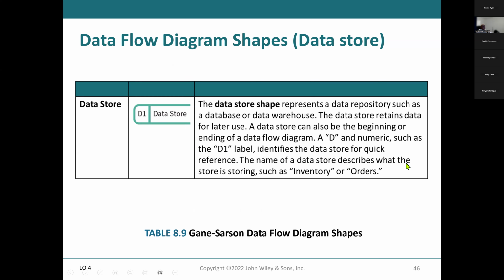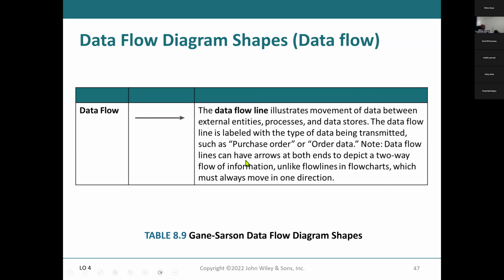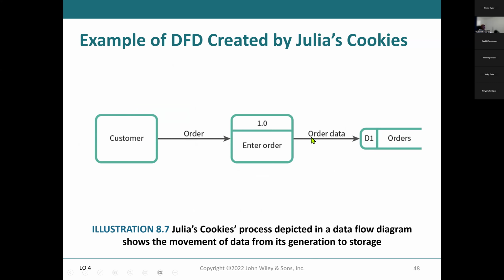Name of the data store describes what the store is storing, inventory or order. So let's go. So in here, the order was entered and it is now getting stored. So the orders are getting stored in some sort of a data store. We know it's a data store because we're using D and then the number 1 to identify this particular data store.